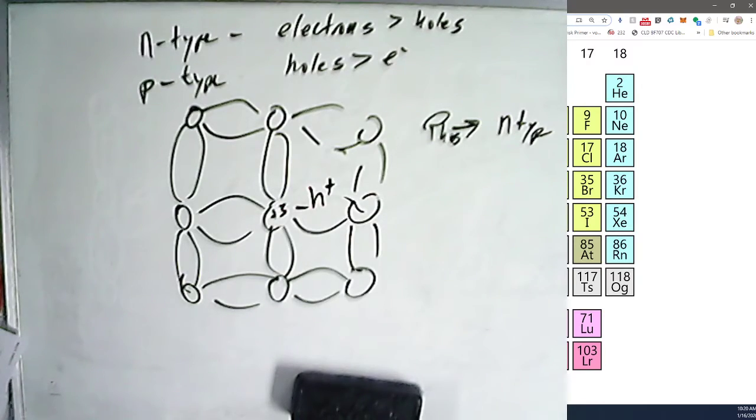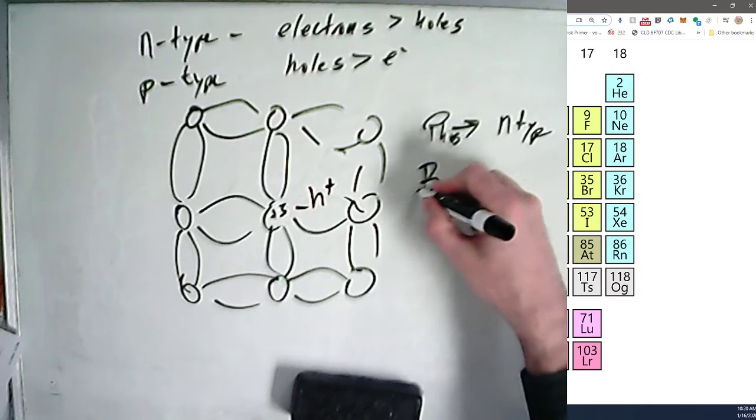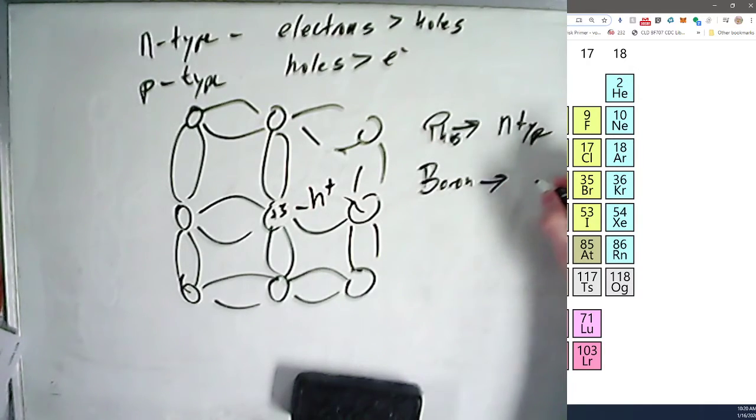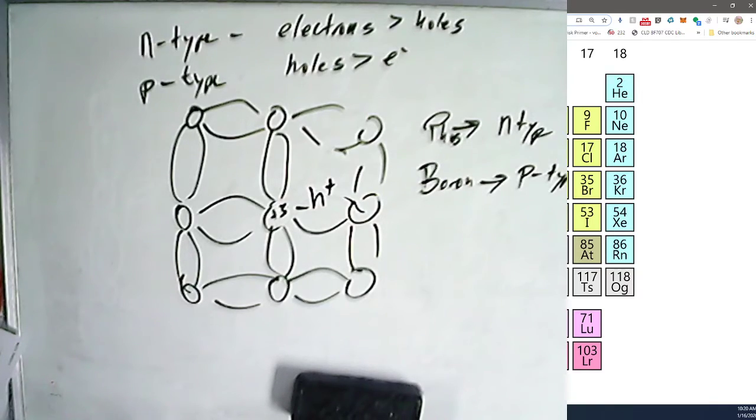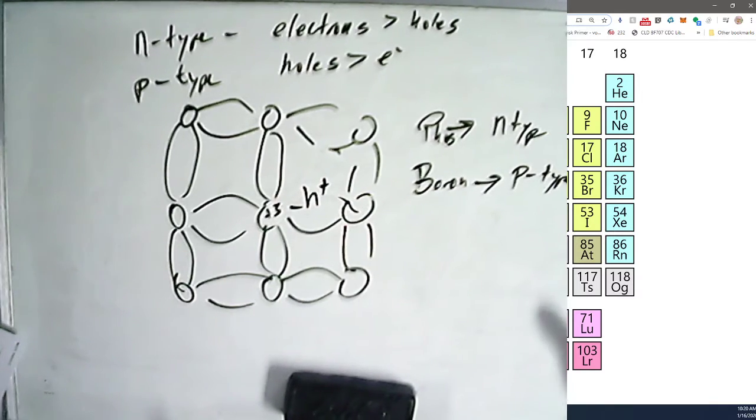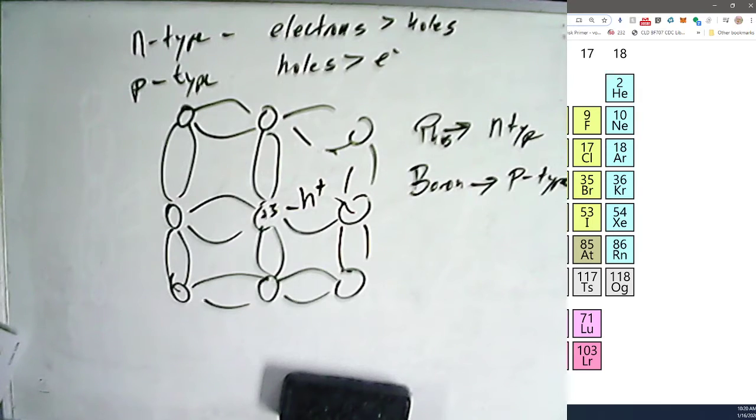And it doesn't need to be next to the dopant. In that case, boron is going to give us something called P-type. This is a new concept. It's kind of hard to understand, but it's very critical that we can dope it and get different ratios of N to P.